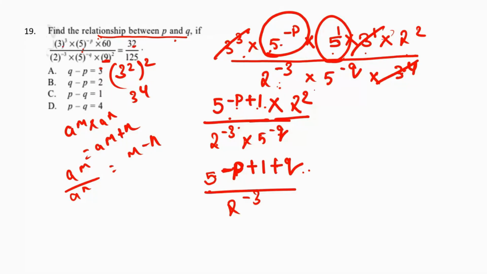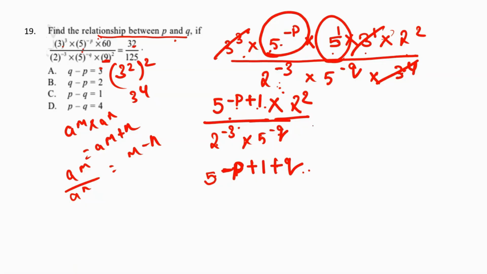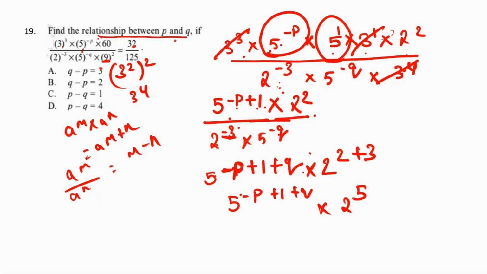Or else we can take the whole thing in the numerator rather, if we write it in terms of multiplication. Let's keep the power of 2 over here: 2 plus 3, it would become minus of minus 3, which is plus 3. So it's 5 raised to minus p plus 1 plus q multiplied by 2 raised to 5.